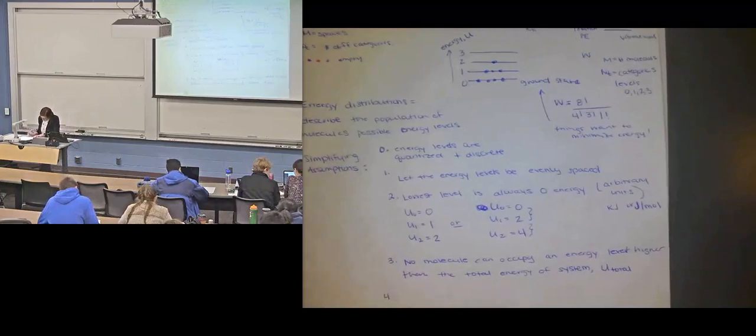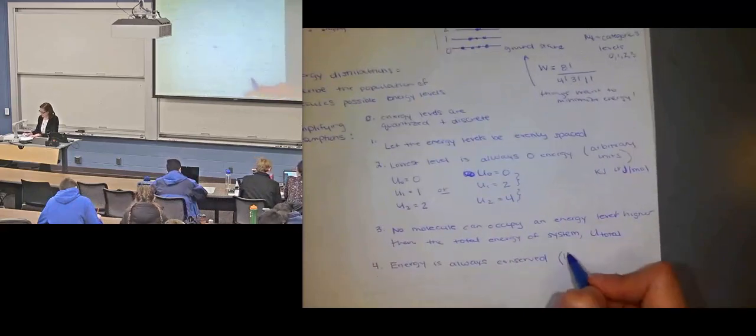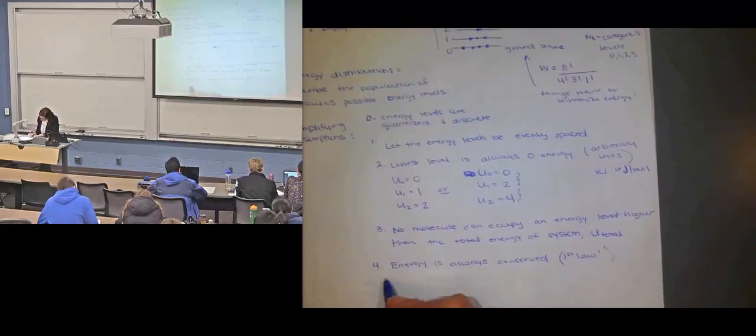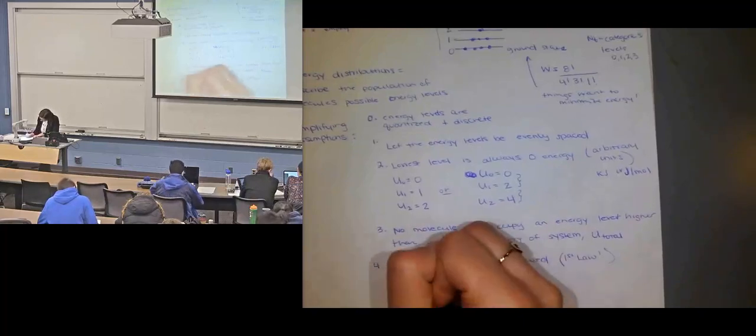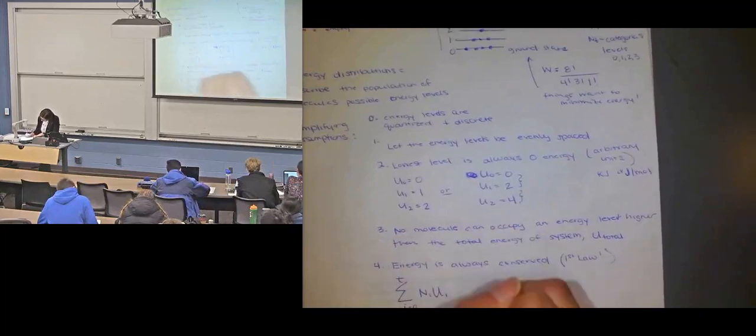And then our 4th assumption, energy is always conserved. What is the other name for this? First law. First law of thermo, okay? And so the way to show this would be the sum over all of the levels from the ith level equal to 0 up to t number of total levels of n sub i times the energy of that level, U sub i, is equal to U total.